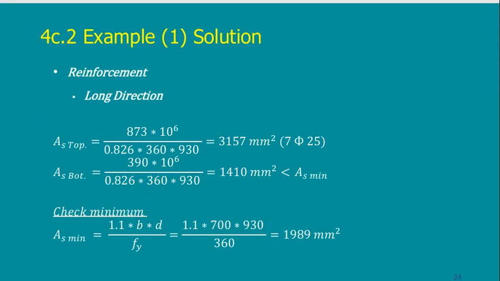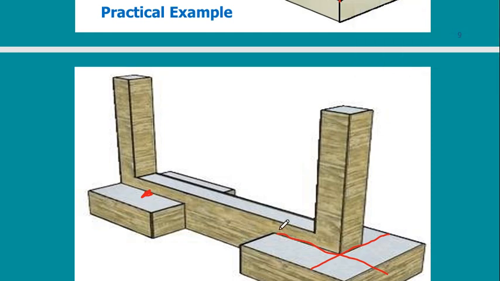Why don't I check punching? Because how can the column penetrate the footing if I have a beam at the bottom? This beam will prevent the column from punching the footing. So usually I check only the shear and not the punching in this case.